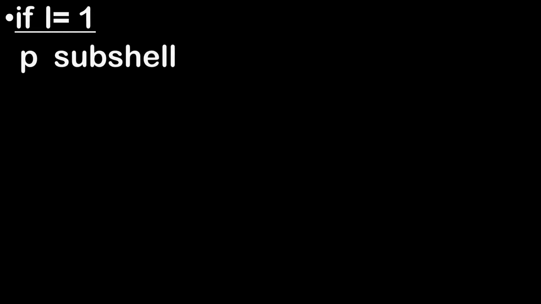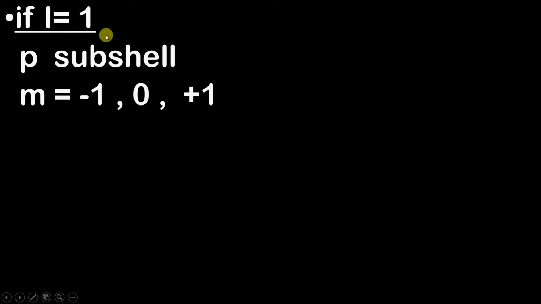Okay. Now moving ahead, what are the possible values of m? m will range from minus 1 to plus 1. And when you go from minus 1 to plus 1, the whole numbers are minus 1, 0 and plus 1. Now how many values of m are here? 1, 2 and 3.